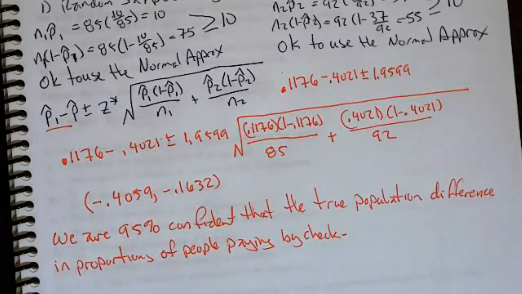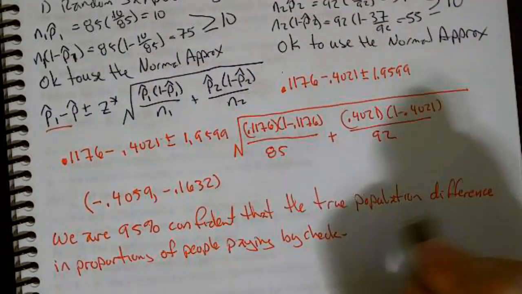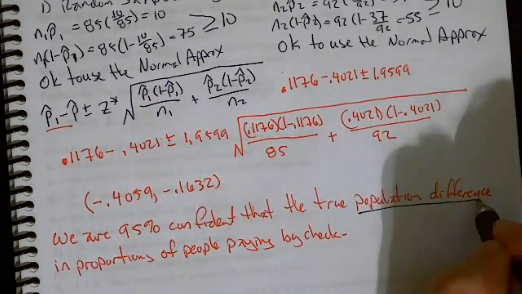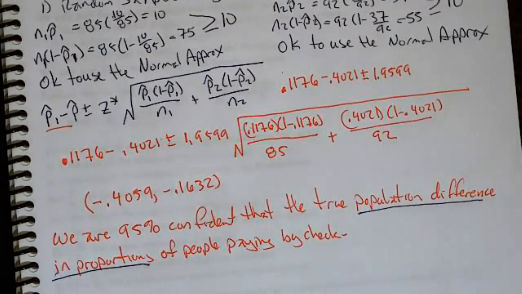Now, first off, the true population difference in proportion. Got to have that. That's the way it's going to show up of people paying by check.